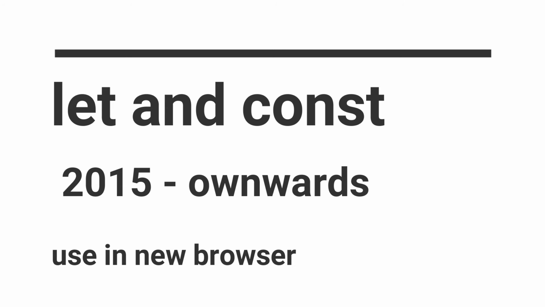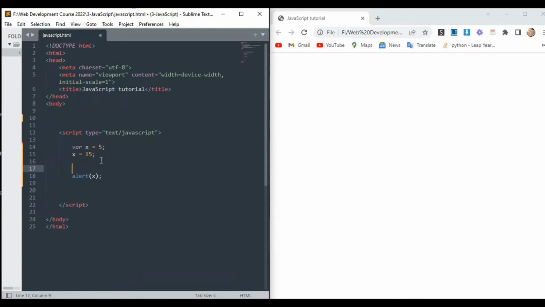So now I comment out this, and after this I make another variable using let: let x is equal to 5.